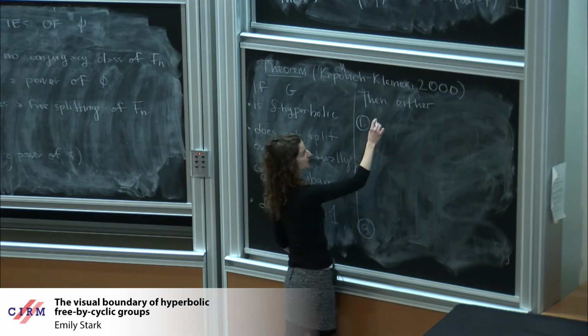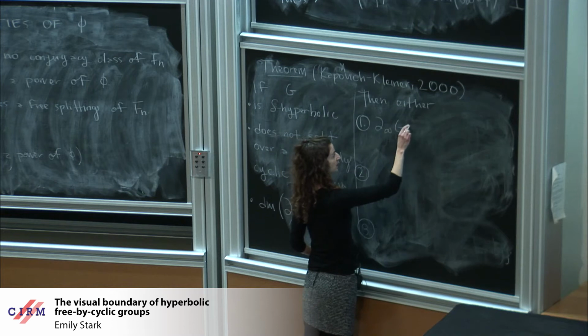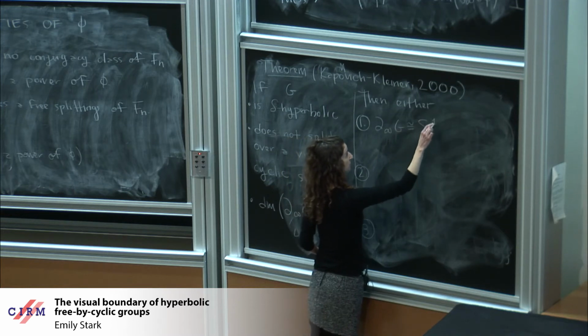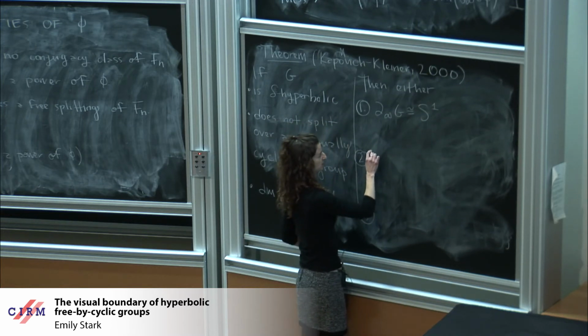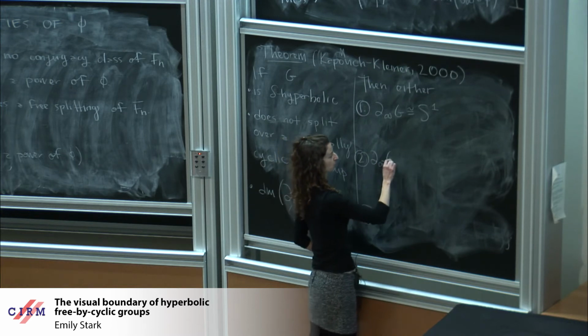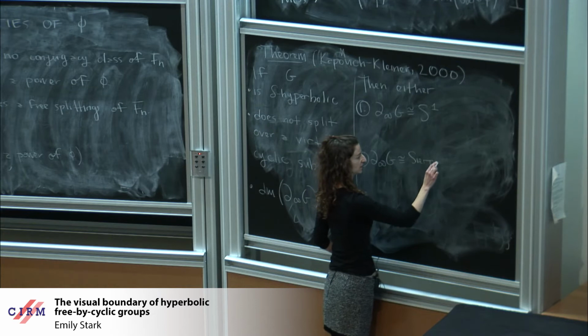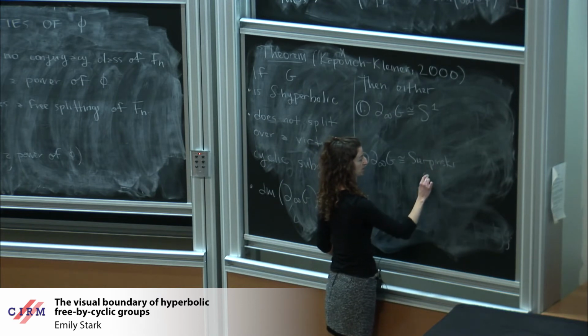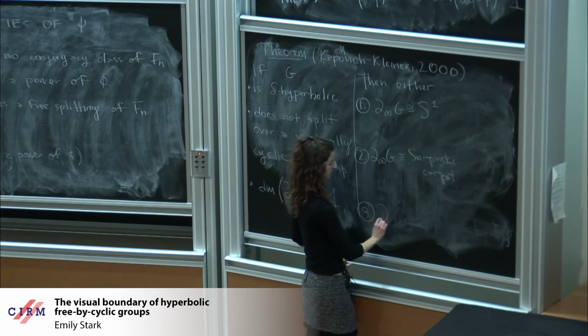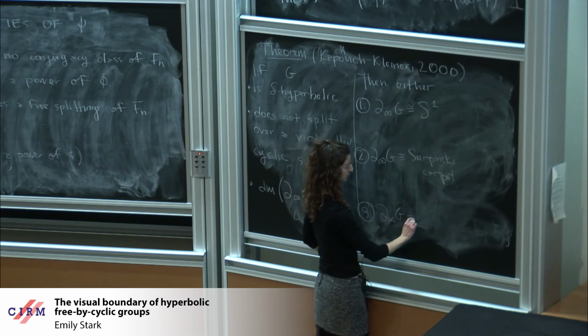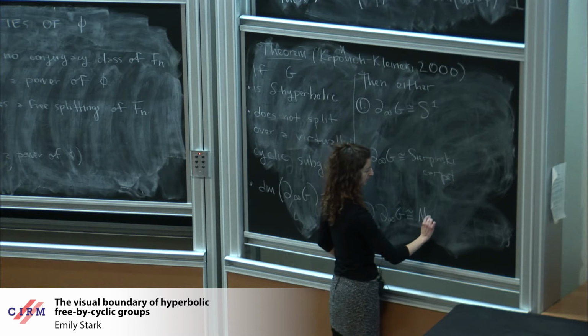The first possibility is that the boundary of the group is homeomorphic to the circle. The second possibility is that the visual boundary of the group is homeomorphic to the Sierpinski carpet. And the third possibility is that the visual boundary of the group is homeomorphic to the Menger curve.